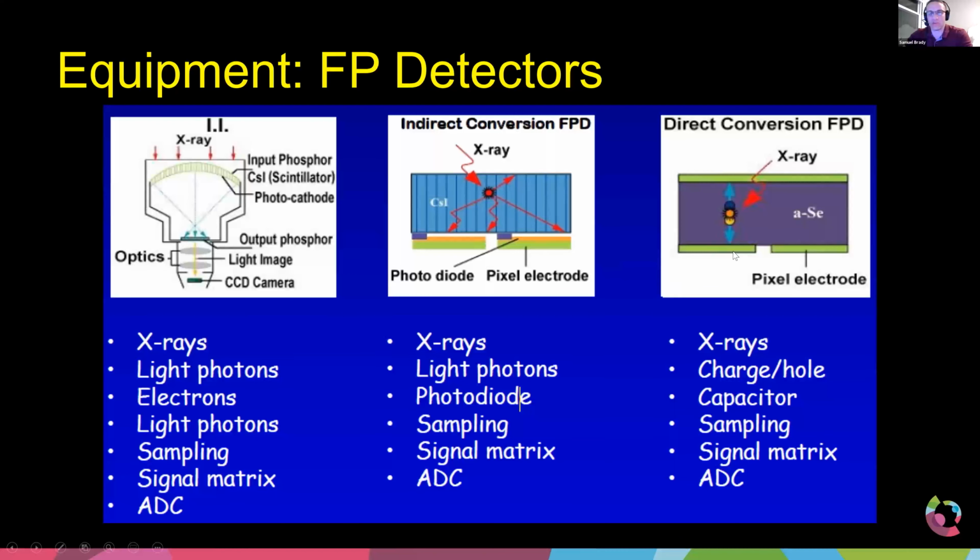So we get really good spatial resolution on this, but the efficiency of converting these X-rays into signal is actually a little lower. By and large, what you deal with every day in radiology or up in the interventional labs, you're going to be dealing with either these flat panel indirect systems with cesium iodide or the II, which are also cesium iodide.